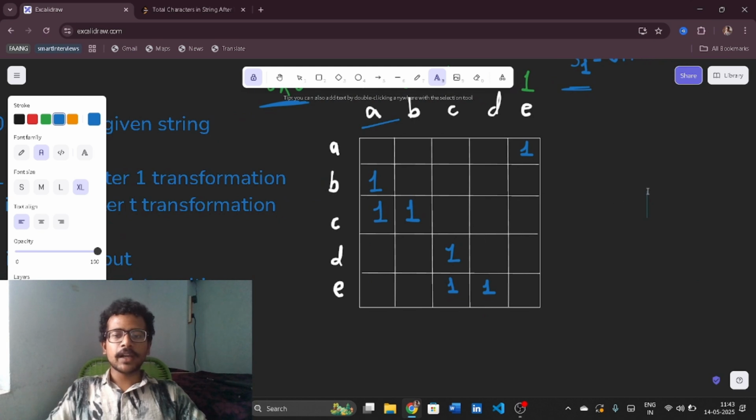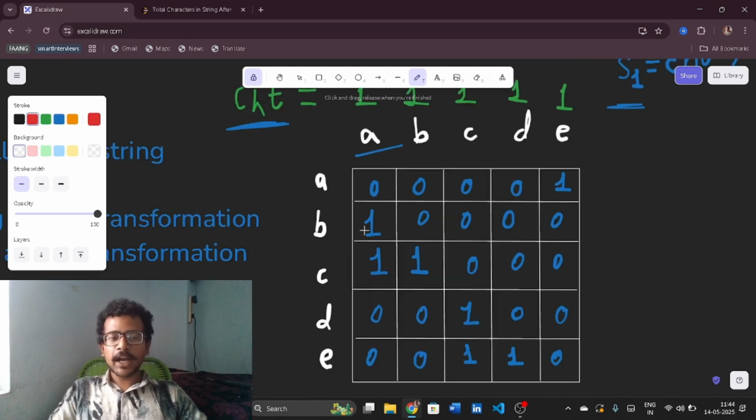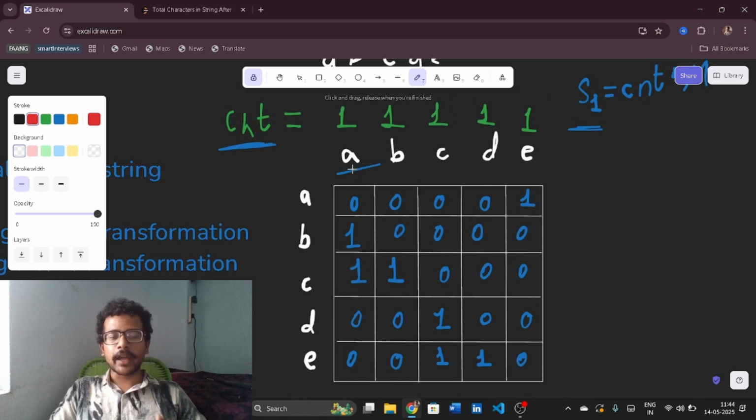So 1 A will give me 1 B and 1 C. Only I will be having A ones, right? Now everything will be zeros. One time I got A, from A I got one time B. Now how many times do I have A? So I have A for one time.